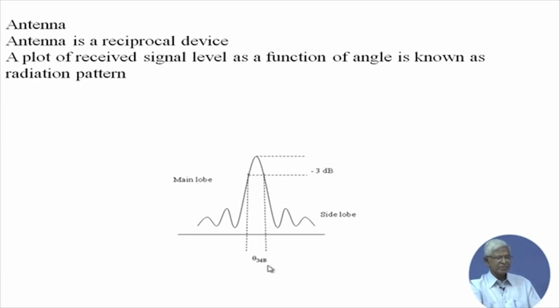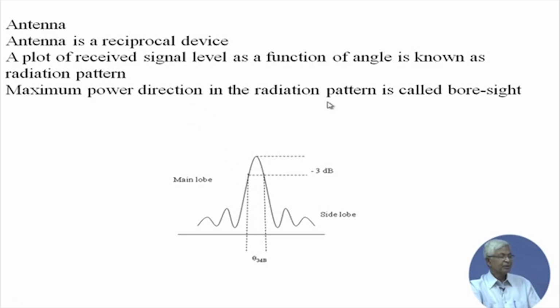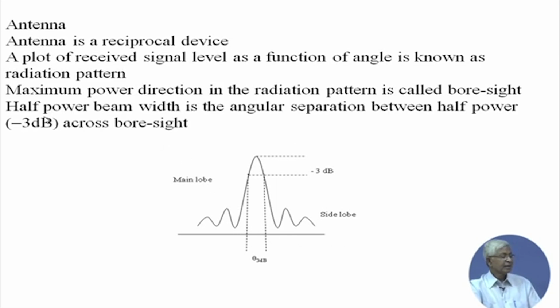As an engineering approximation, we will always use this theta 3 dB, which is half power from the maximum, and this maximum power direction is called bore side. The maximum power direction of the radiation pattern is called bore side. This radiation pattern can be drawn in theta phi coordinates also, in a linear way. And half power beam width is the angular separation between the half power points across the bore side.